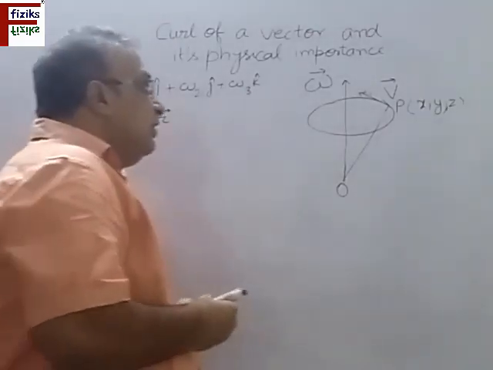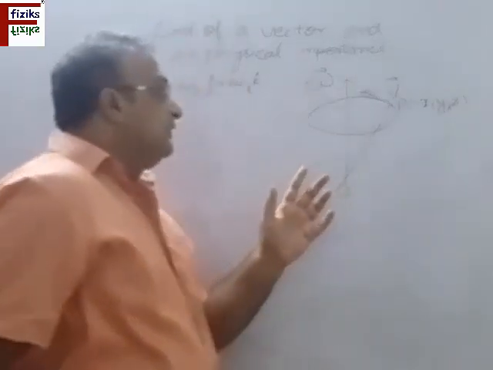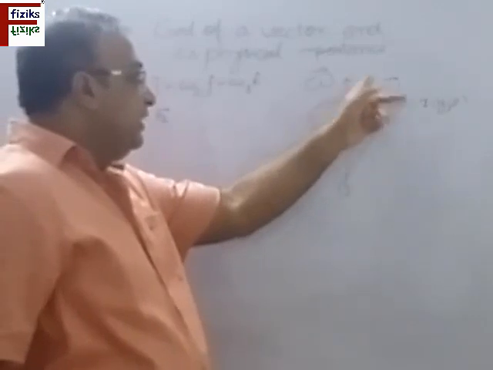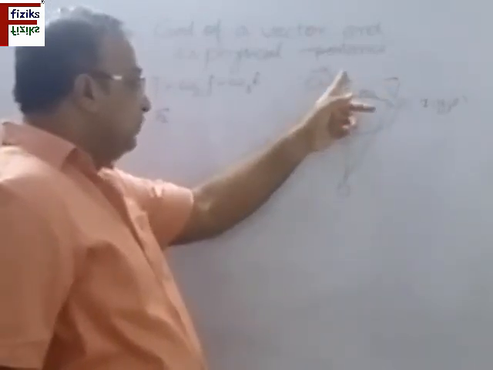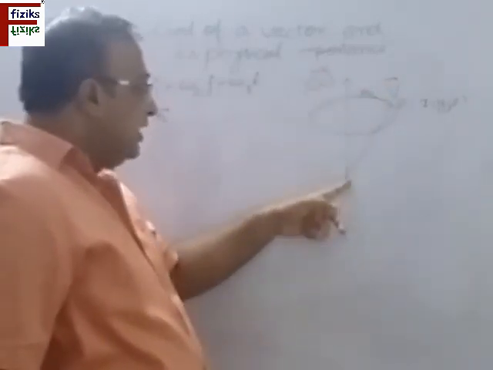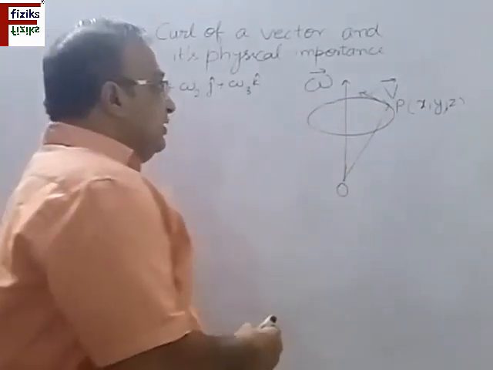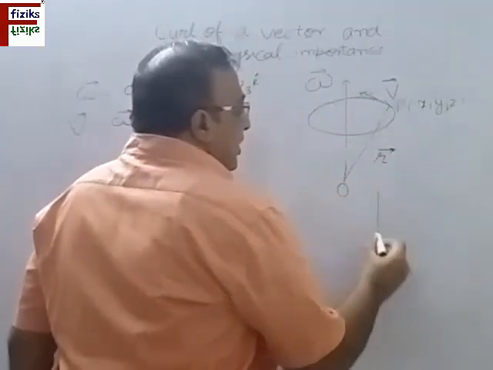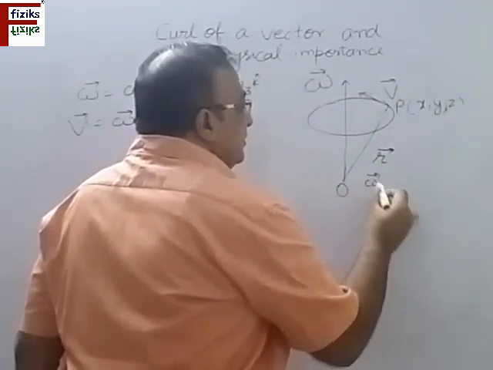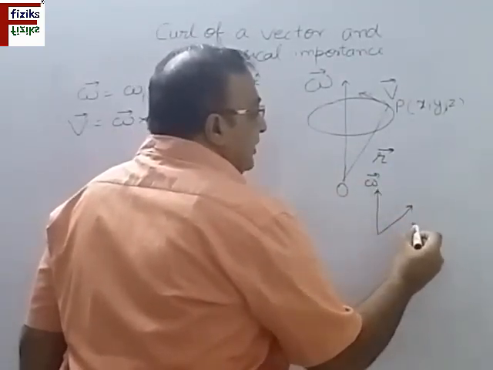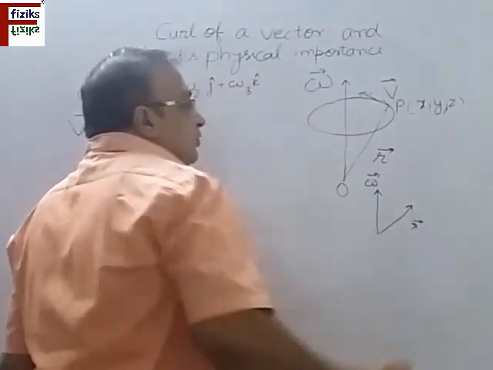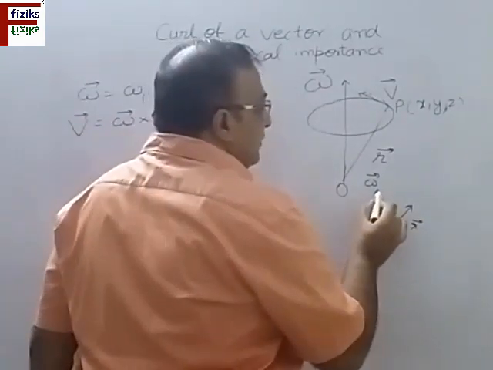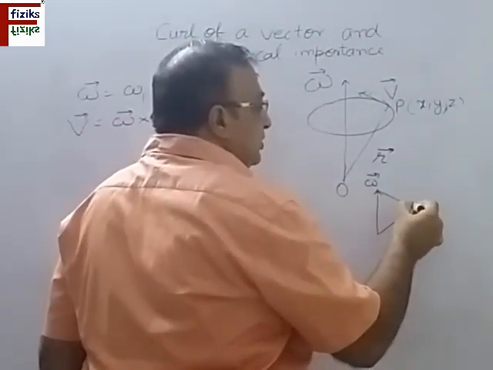Here the linear velocity v is perpendicular to the plane containing omega and vector r, where OP is vector r. So omega is like this and r is like this, and v is a vector which is perpendicular to both.